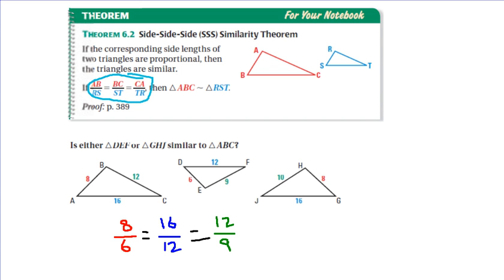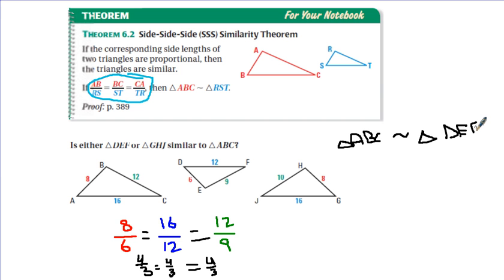We want to look and see if we simplify these, whether we have the exact same proportion. Simplified, we would have 4 over 3 for the first one. For the second one also we would have 4 over 3. And for the last fraction we would have, again, 4 divided by 3. So because of that, we can say that it is true, triangle ABC is similar, with that tilde, to triangle DEF.